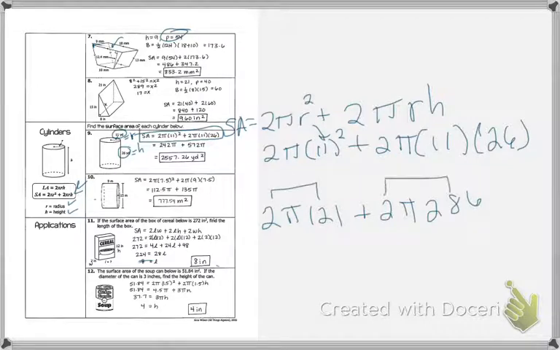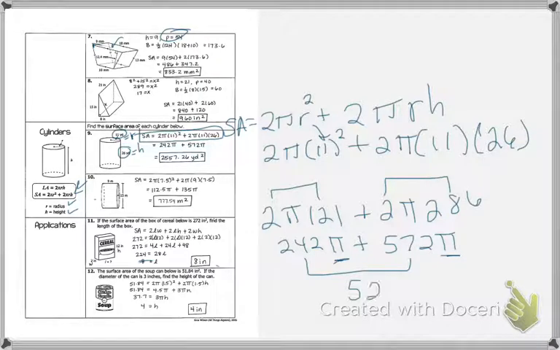These two multiply, leaving me with 242 pi plus 572 pi. This is just like you're working with variables. These are your variables. They both share the variable, so that means I can add those two numbers. I can have 528 pi.